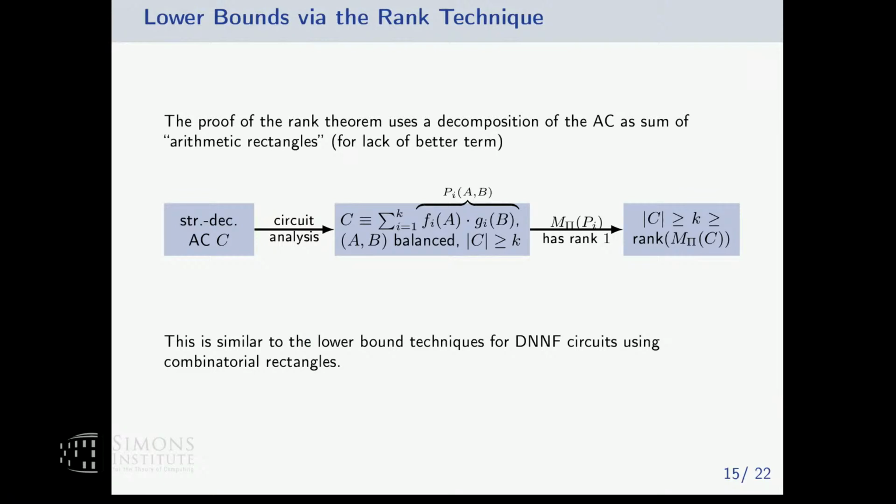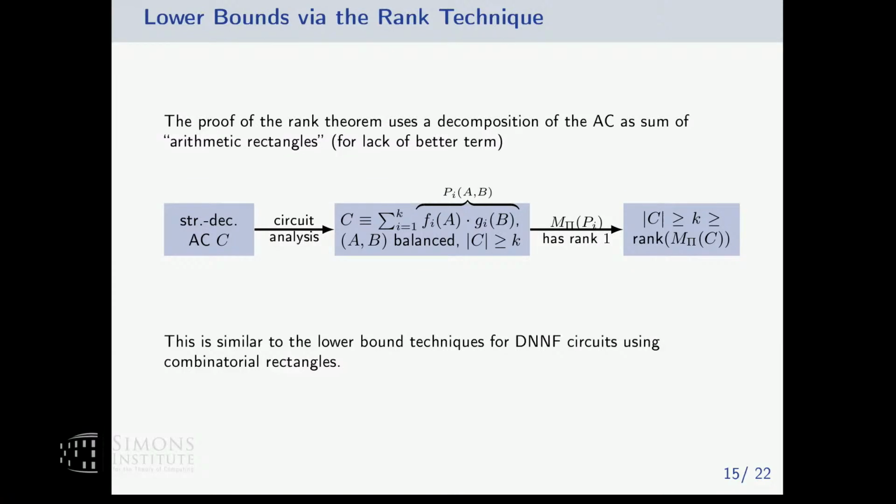So just one word on the proof. It uses, you are required first to do some analysis on your circuits to decompose your circuit as a sum of decomposable products. If you're familiar with how you obtain circuit lower bounds for DNNF circuits in the Boolean world, these things correspond to combinatorial rectangles, but here I would like to call them arithmetic rectangles, perhaps.